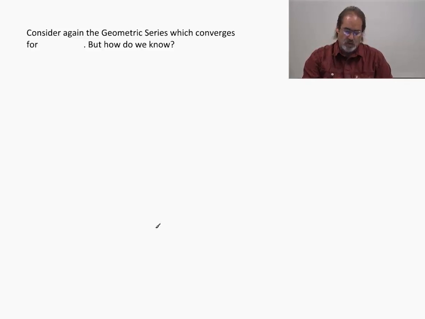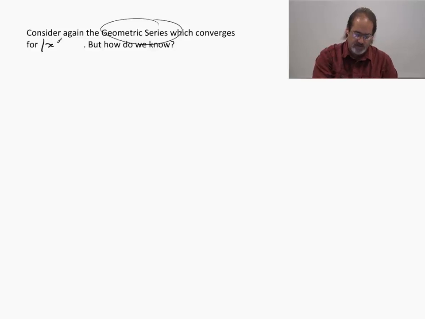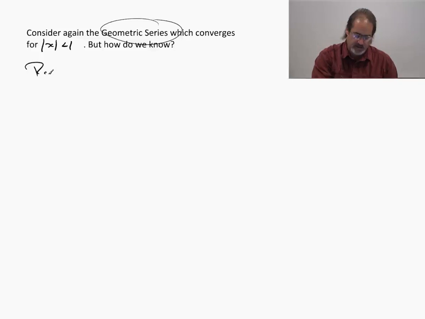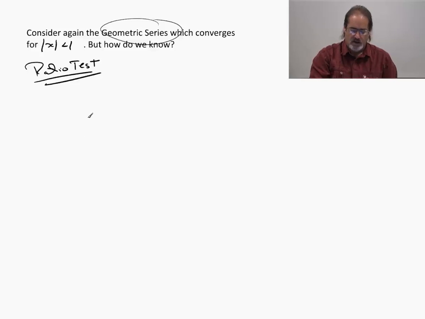Now, I want to consider again that geometric series, which we know converges for the absolute value of x less than 1. But again, how do we know that? The way that we actually truly know it is we apply the ratio test. And remember, the ratio test takes a look at the limit of the absolute value of the ratio of consecutive terms.